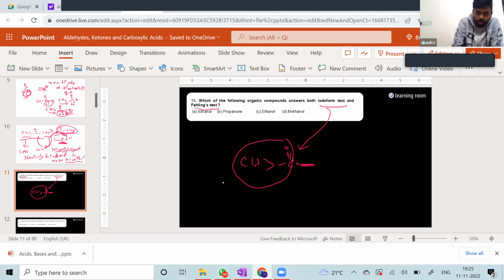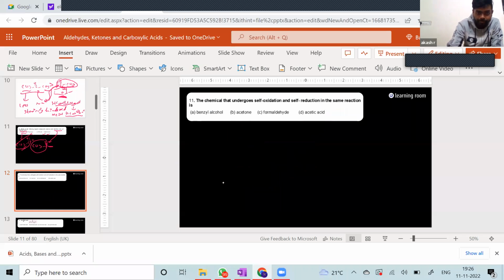So obviously you can neglect all of the others, and you can just write CH3. Now you see that ethanal is going to have CH3, C double bond O and an H. This CH3C double bond O group is there, so definitely it is going to give the iodoform test, as well as Fehling's test. Very simple.